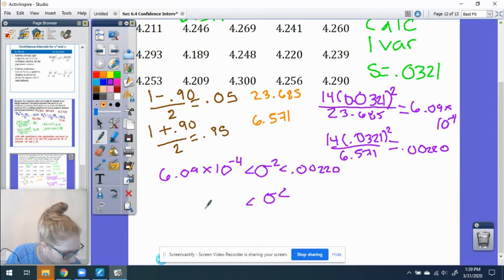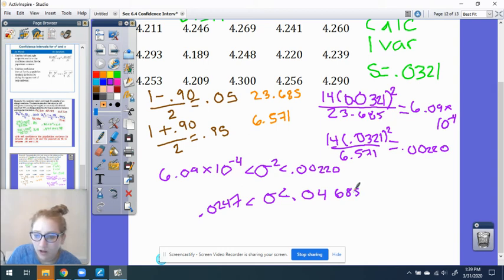So the square root of 6.09 times 10 to the negative 4th is going to be 0.0247. And then the square root of 0.0020 is going to be 0.04685. Okay, so really, really small numbers. So let's write our summarizing sentence now.